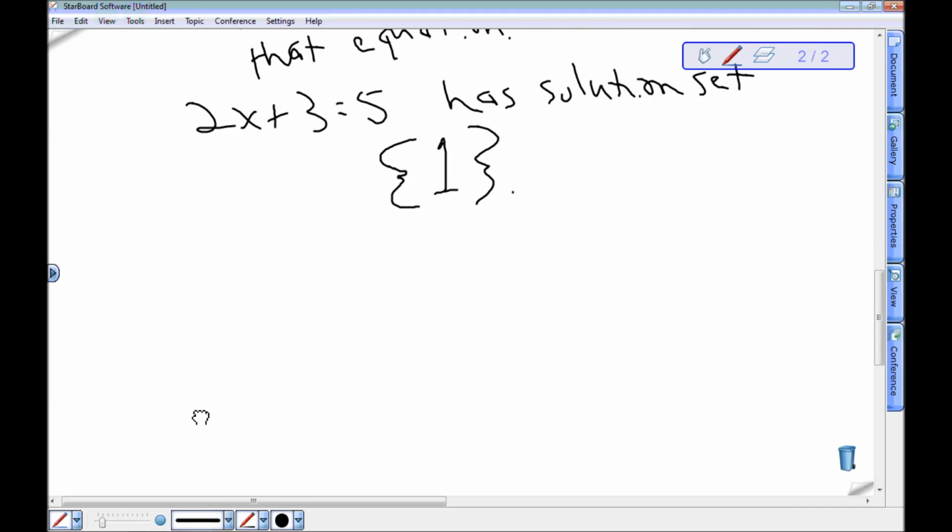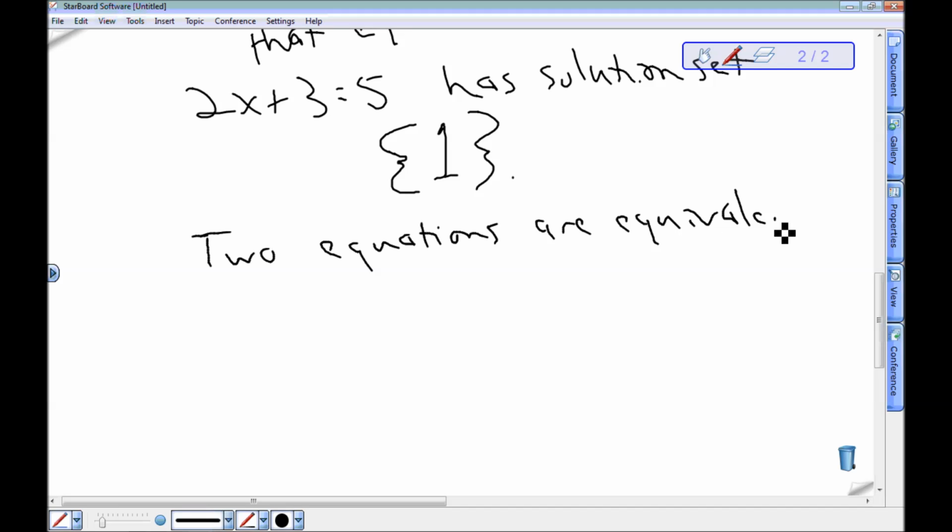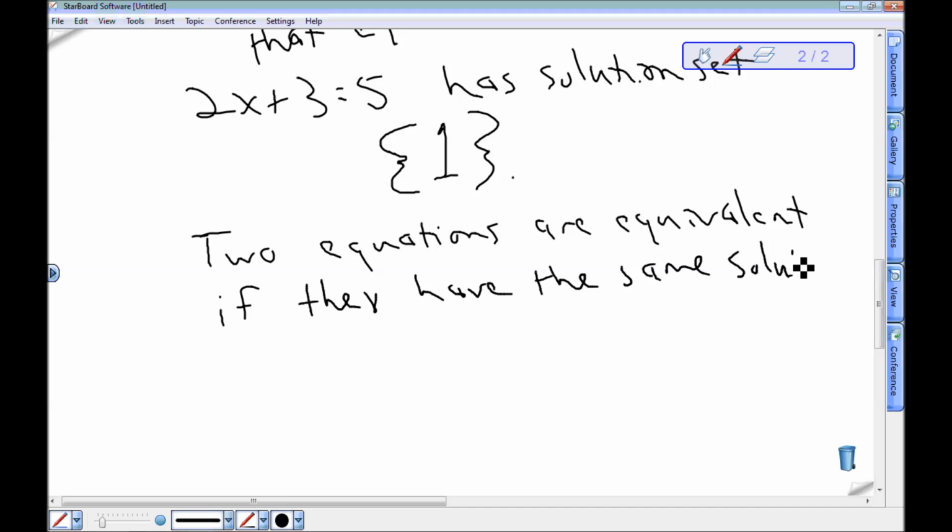Okay, one more small definition, and then I think we'll have all the words we need to know to talk about equations, or at least linear equations. Two equations are equivalent if, and only if in fact, they have the same solution set.